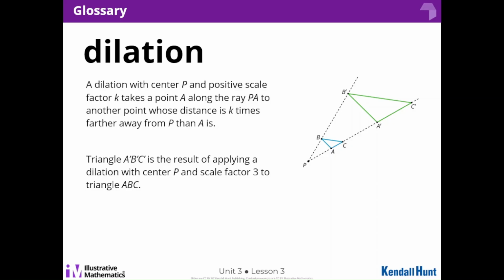Triangle A prime, B prime, C prime is the result of applying a dilation with center P and a scale factor 3 to triangle ABC. What that means is that the blue triangle is the original, the green triangle is the image, and by multiplying the length of each side by 3, we have now created the green triangle, which is the image.